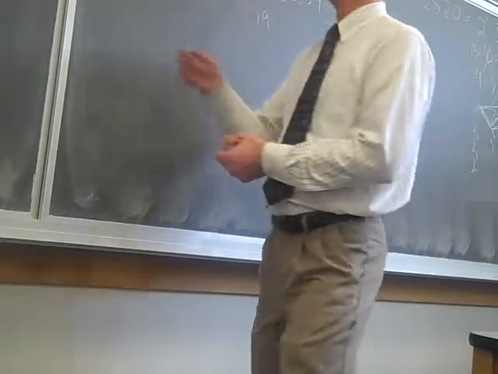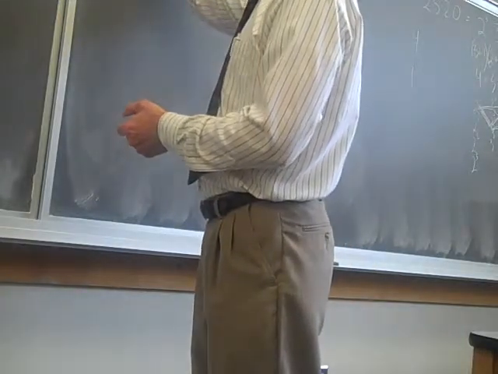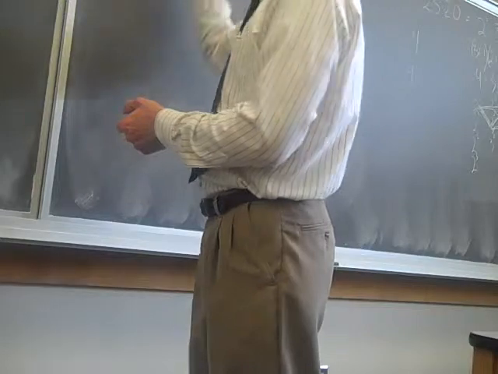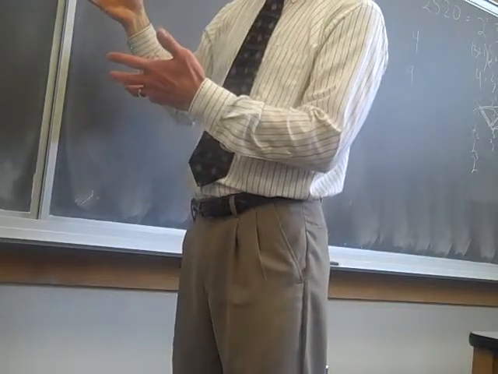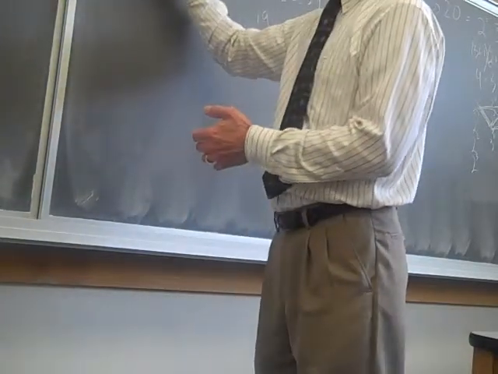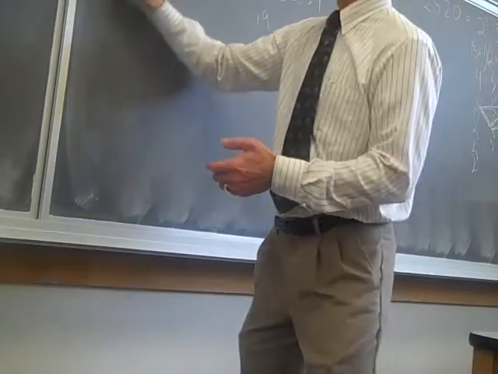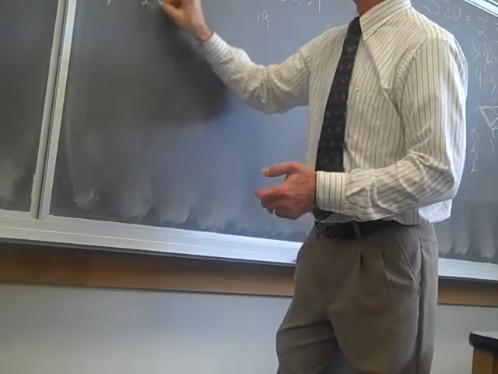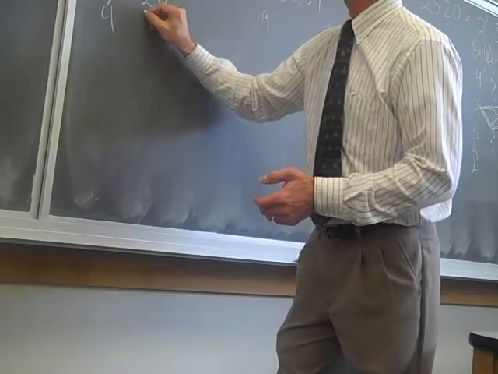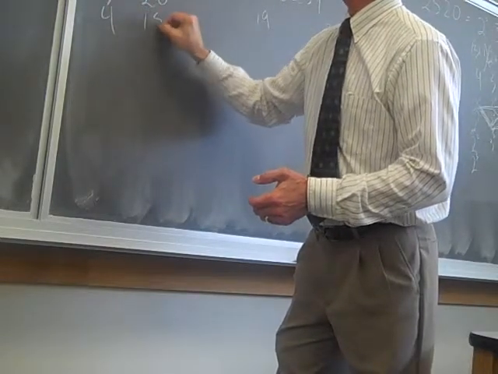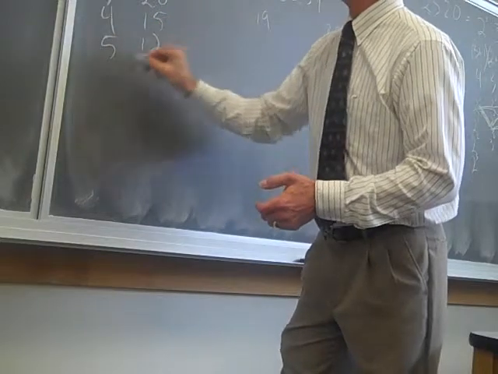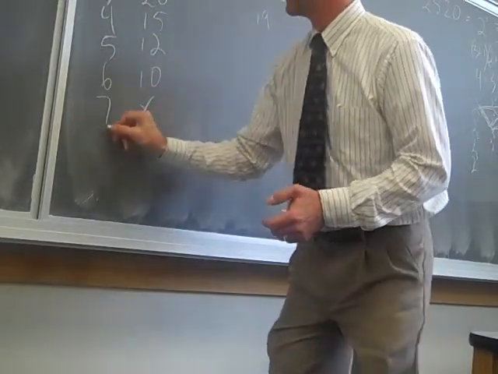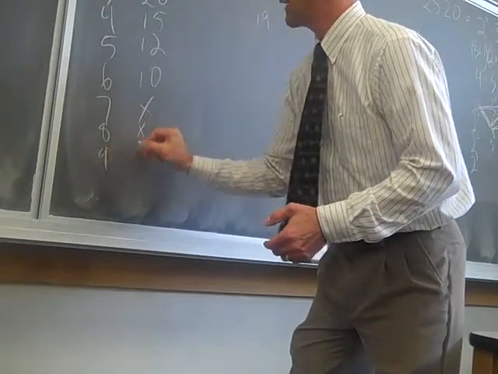Do you remember when I told you about the student who did y equals 60 divided by x, and then he looks at his table, and what did he see? 1 with 60, 2 with 30, 3 with 20, 4 with 15, 5 with 12, 6 times 10, 7 didn't work, 8 didn't work, 9 didn't.